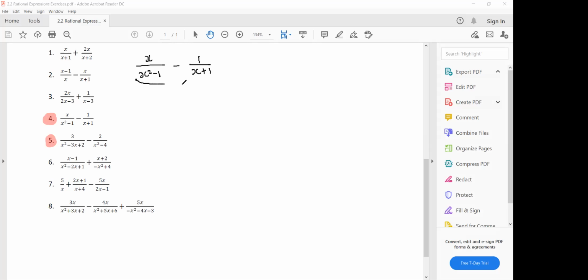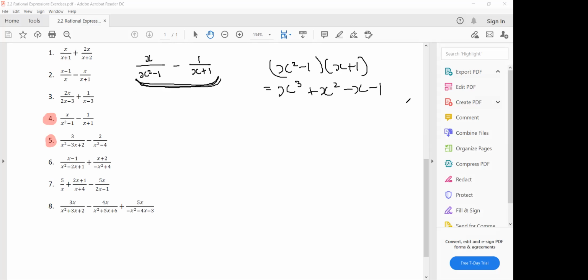If I wanted this to be the same denominator, what would I have to do? Well, it would be x squared minus 1 multiplied by x plus 1. You know what that would turn into? It would turn into x cubed plus x squared minus x minus 1. It becomes a really, really nasty denominator. So take a look at what I'm doing instead.